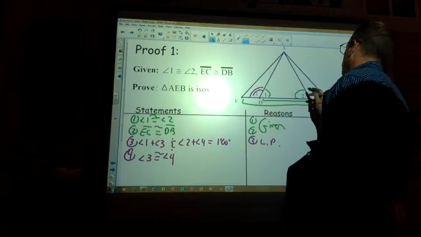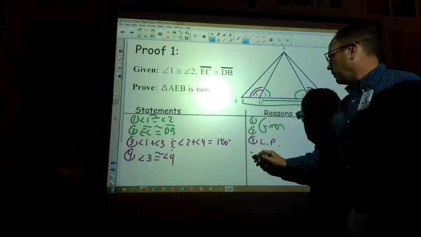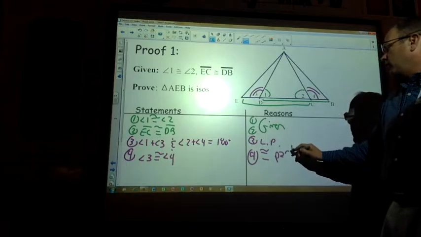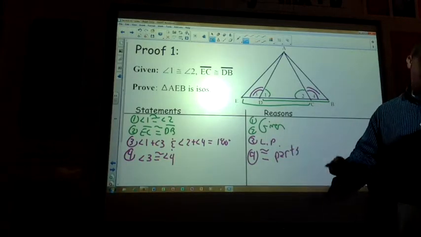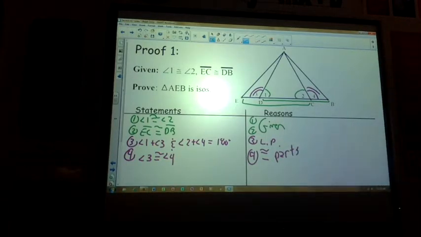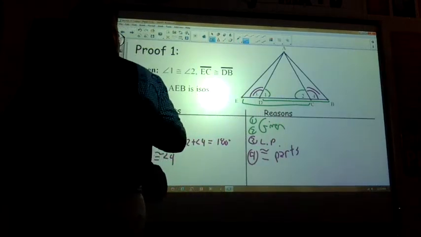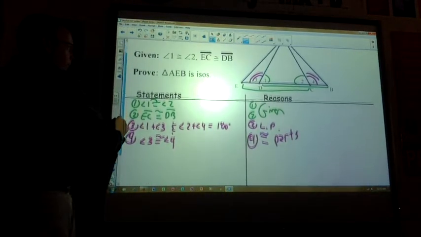Congruent parts, I like it. But congruent parts is not CPCTC, right? All right. Any thoughts? AD equals what?